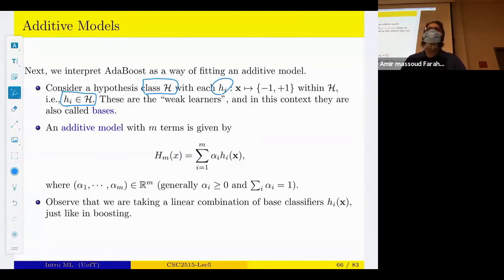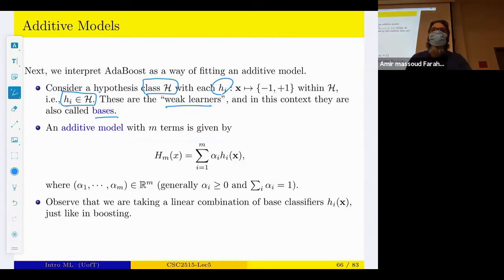Think of it as, for example, each h being a decision tree or decision stump, or a linear classifier, or a support vector machine, any model that you have seen so far. These are weak classifiers, and in this context, they're called bases. Each one is a basis in that space.